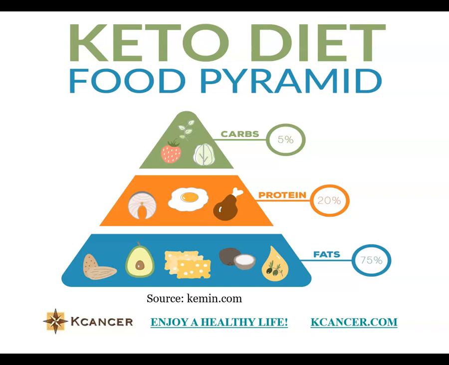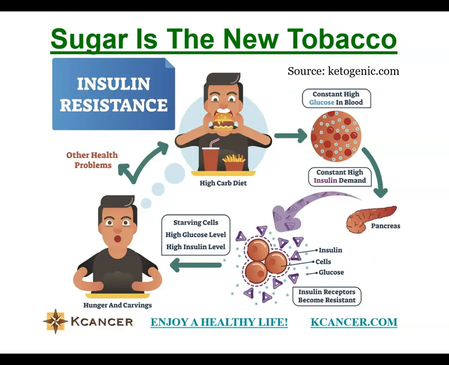So let's have a look at what a high carb diet does to our body. Based on studies over so many years, we now know that the high carb diet really has some bad consequences for our health. When we consume a high carb diet, the carbs are degraded and become glucose.